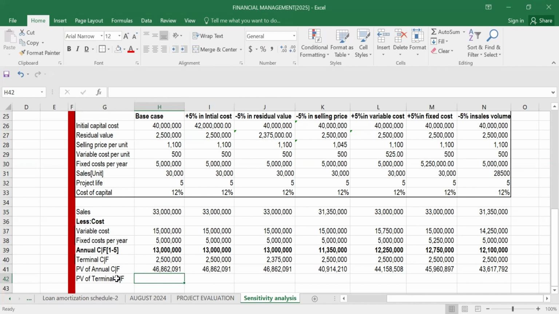So to discount this cash flow to be received at the end of the 5th year, we don't apply the formula which I've used up here. To discount this one, we take the cash flow, multiply that with the present value interest factor at the rate of 12%, for n periods.